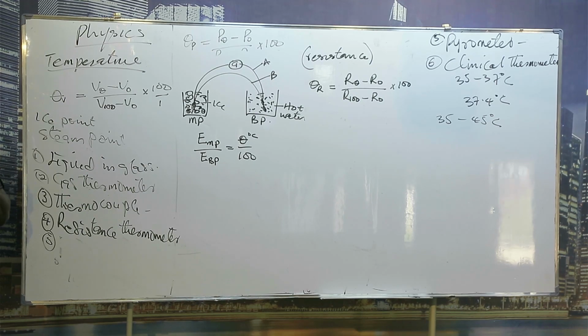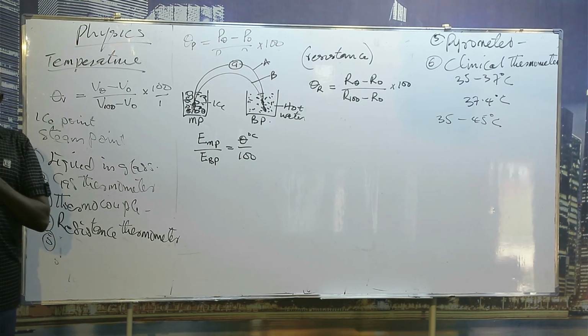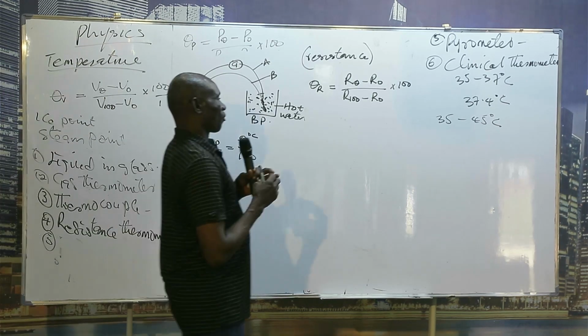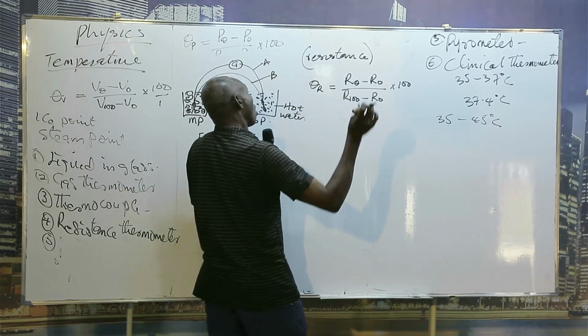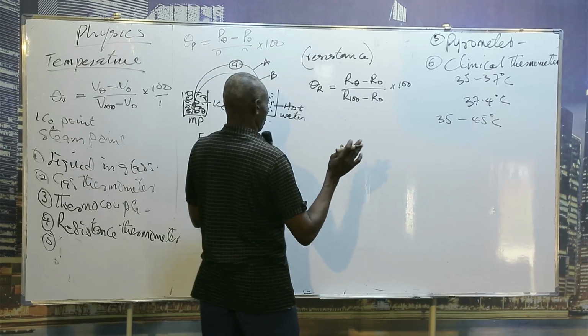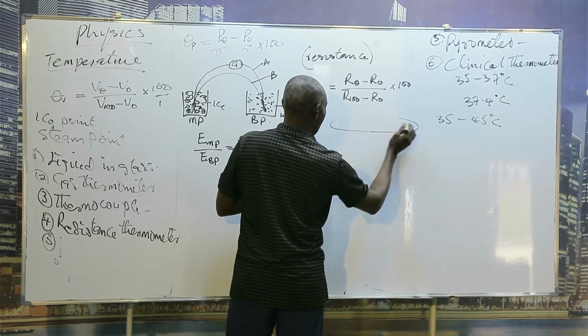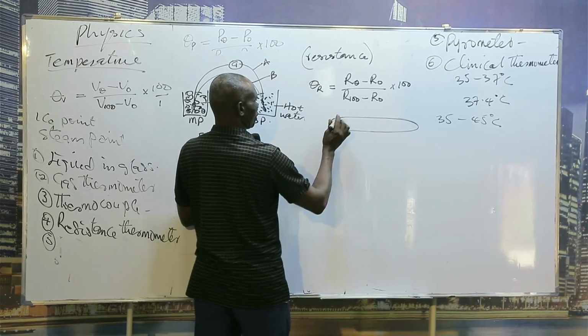The difference between the clinical and other thermometers is that the clinical thermometer has what is called a constriction. No other thermometer has such a constriction. Let me use this diagram to show you what a constriction is.